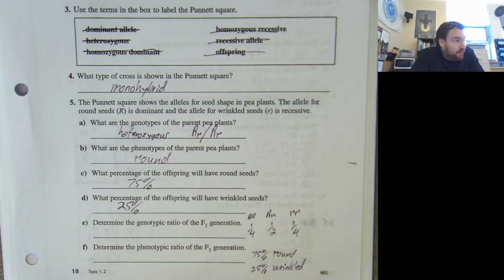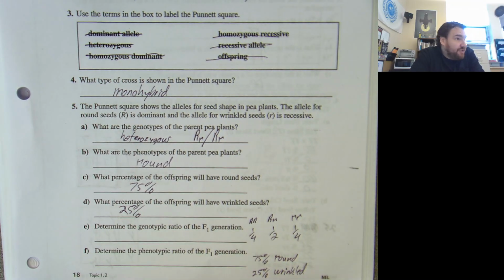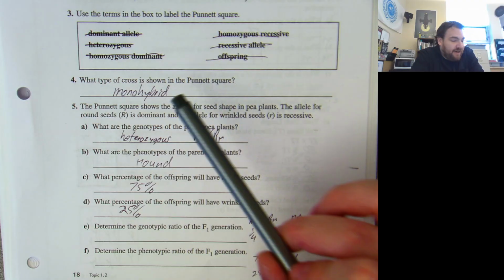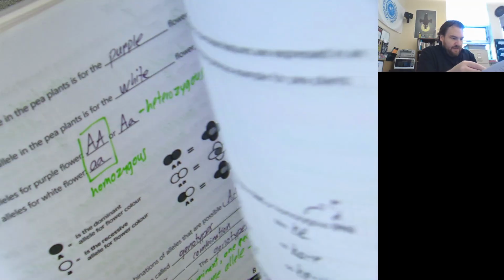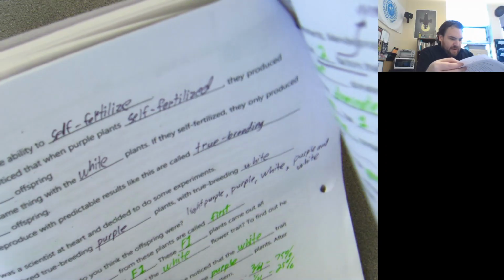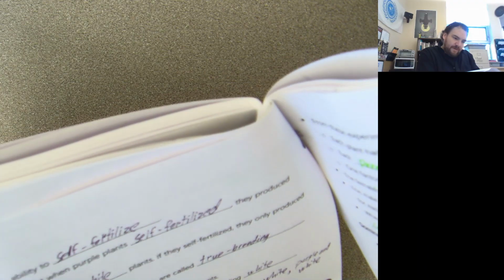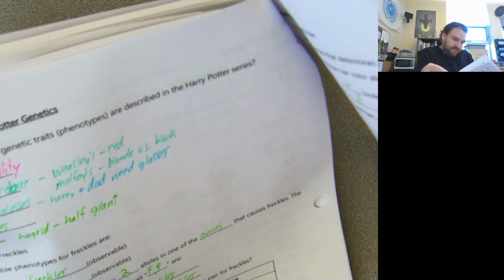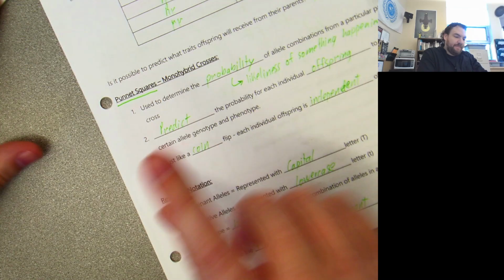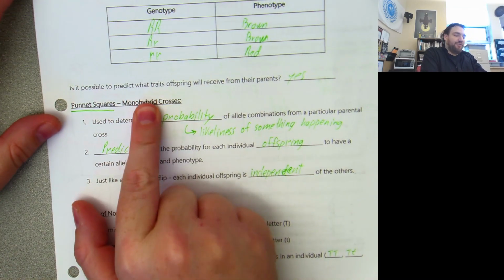Question number 4. You're confused with number 4. When I first introduced the concept of Punnett squares, we specified what type of cross is shown. Punnett squares with monohybrid crosses.